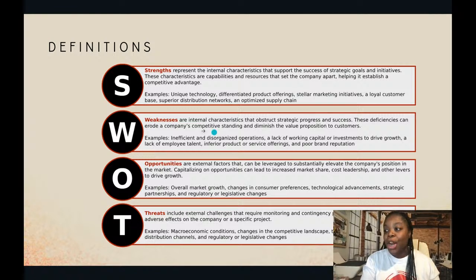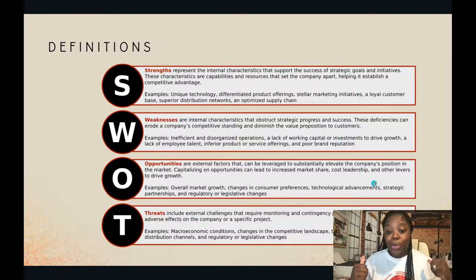Weaknesses, like I said, are internal characteristics that may end up disturbing the process or the success of what you guys are trying to do. So these are going to be, I mentioned in my example, staff not knowing how to use technology. So it'll all be internal things that could keep things from being successful. And that is shown here in these examples.